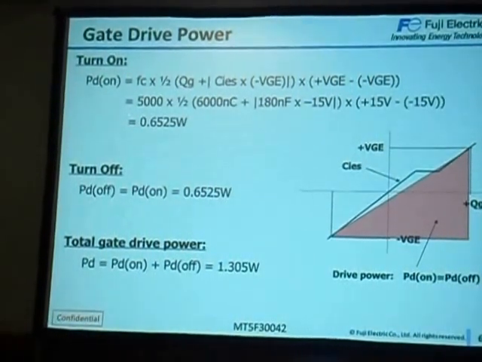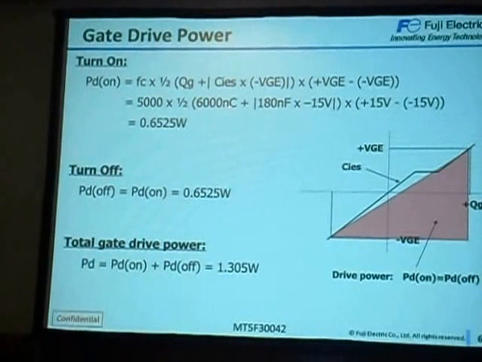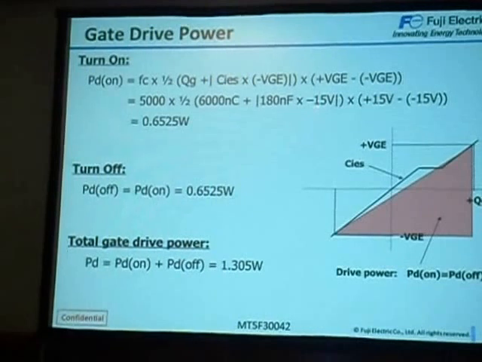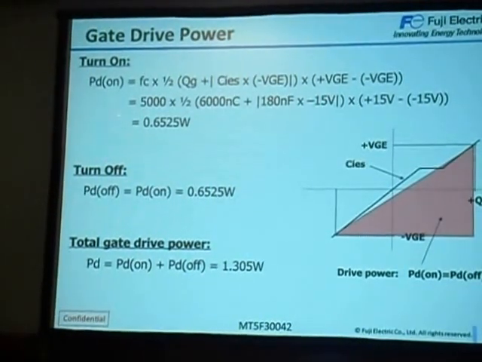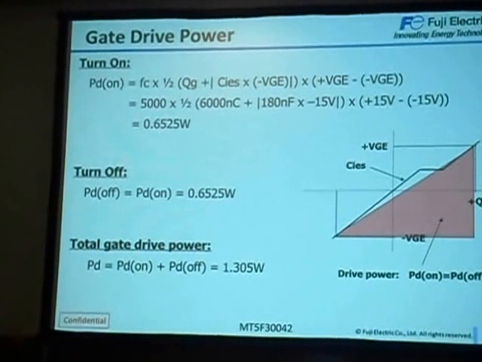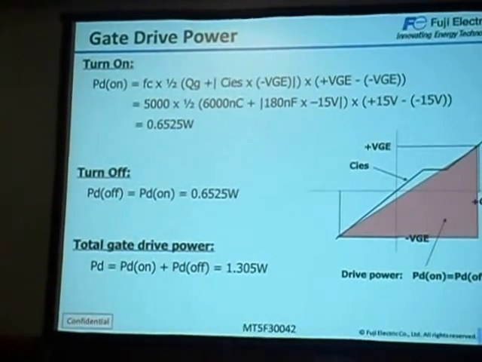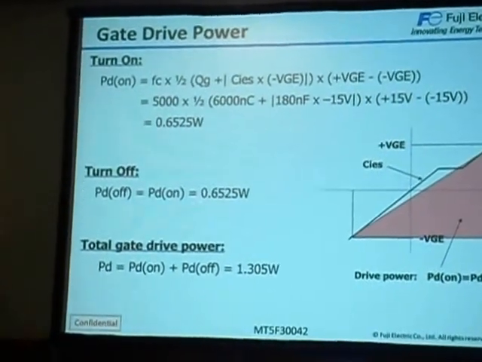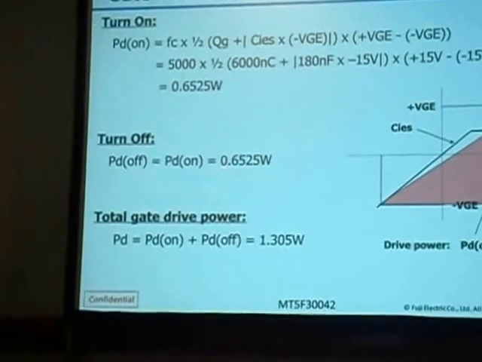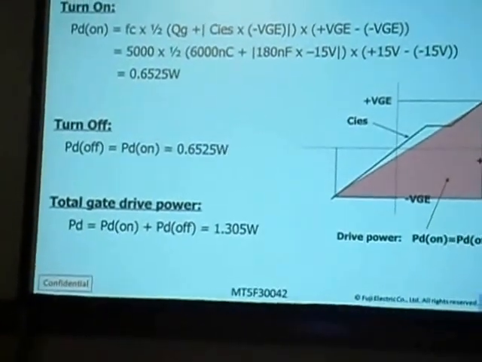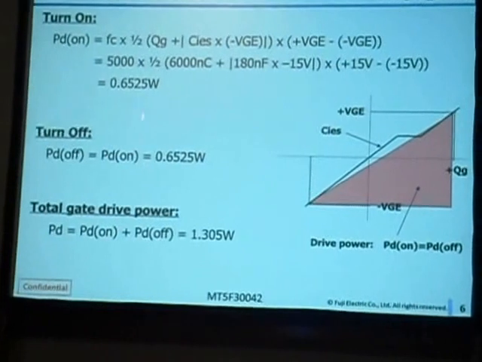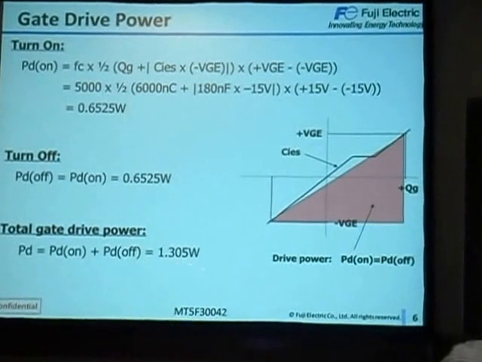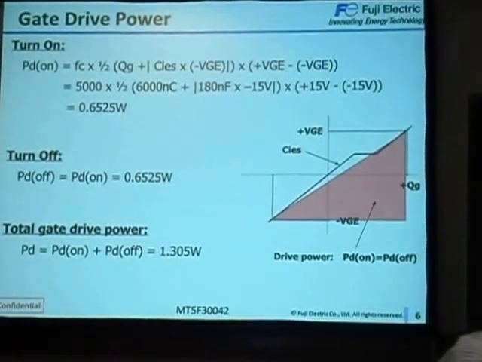In this case, 5 kHz, 6,000 nanocoulomb, input capacitance of 180 nanofarad, with plus minus 15 volt driving, the total power of the gate turn on is 0.65 watt. The turn off power is the same as the turn on power, so the turn off gate driving power is 0.65 watt. The total gate drive power is the sum of the turn on power and turn off power. So the total is 1.3505 watts required for the power supply.